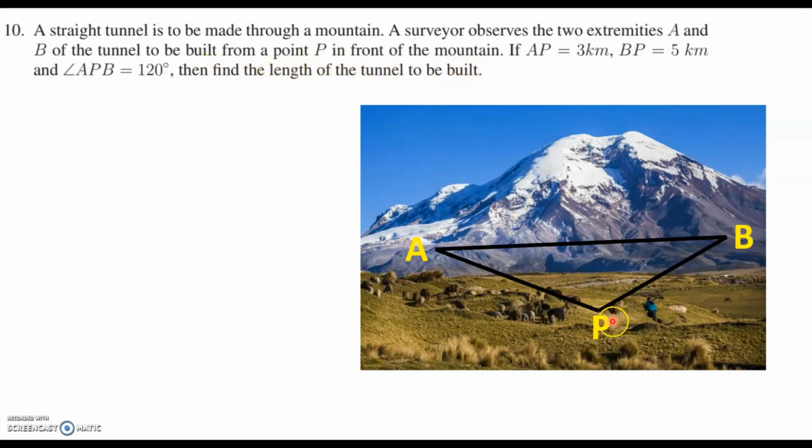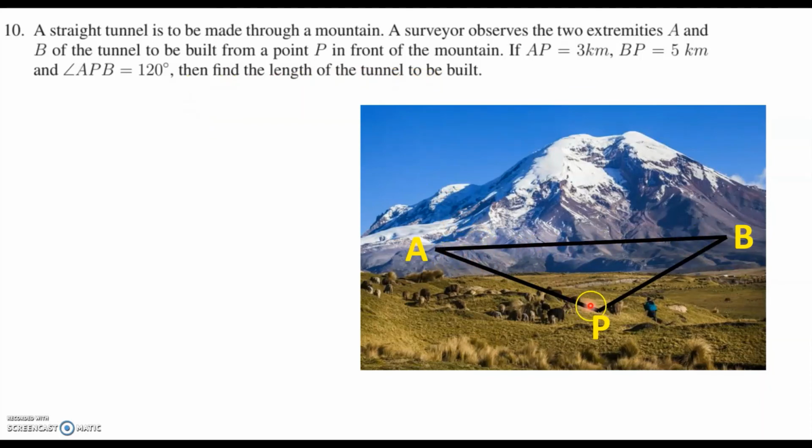So you have a point P which is in front of the mountain, and these are the extreme points A and B, and if AP is 3 kilometers, BP is 5 kilometers, the distance from B to P is 5 kilometers, and the angle APB is 120 degrees, then find the length of the tunnel. So we need to find this length.